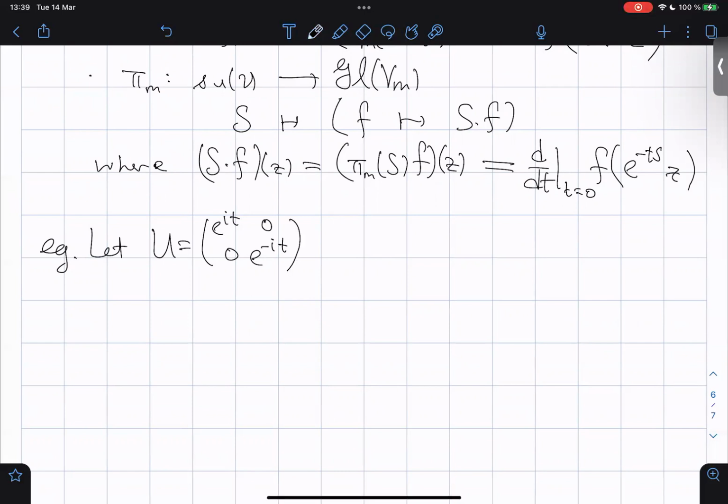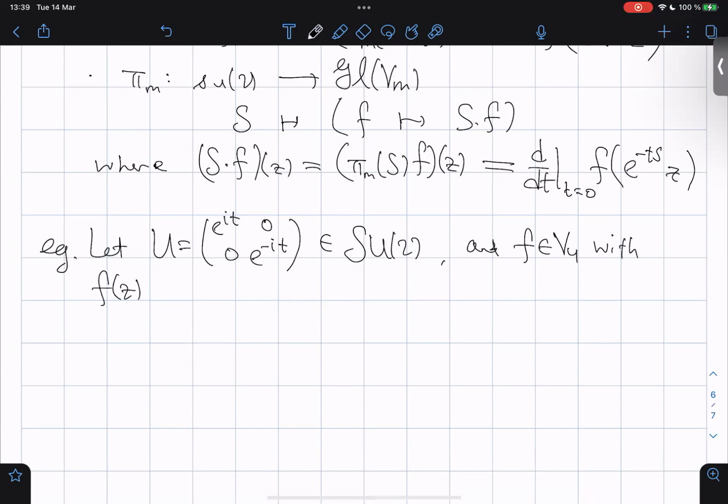This guy is in SU2. If you take U star times U, it's the identity, and it also has determinant 1. And let's take an element in V4, so m is equal to 4 here, which when you feed in Z, is Z1 cubed Z2.